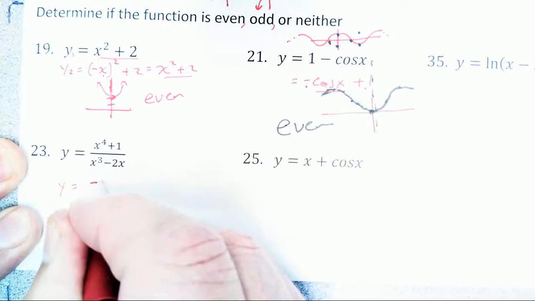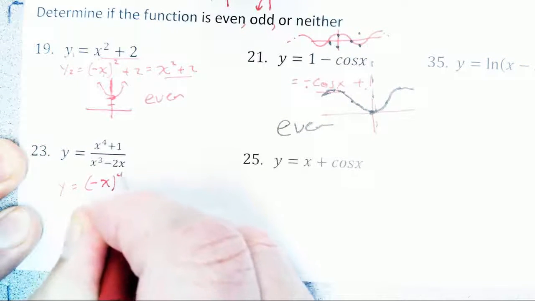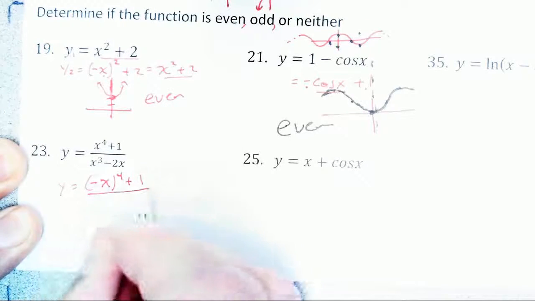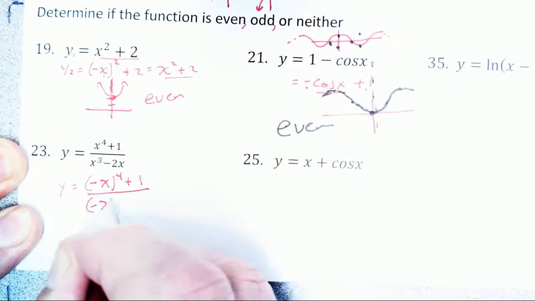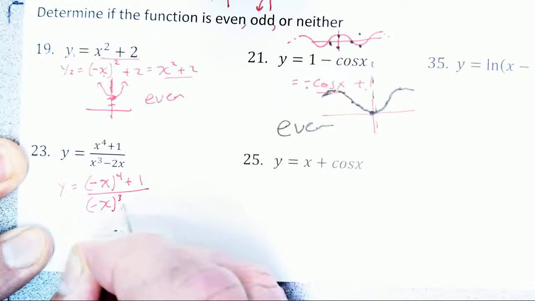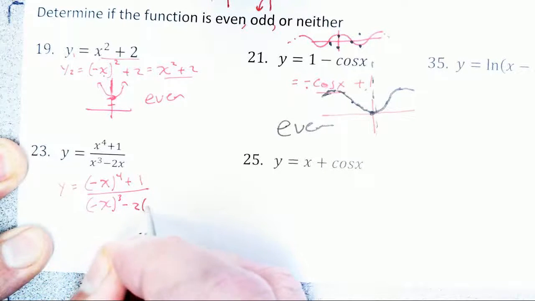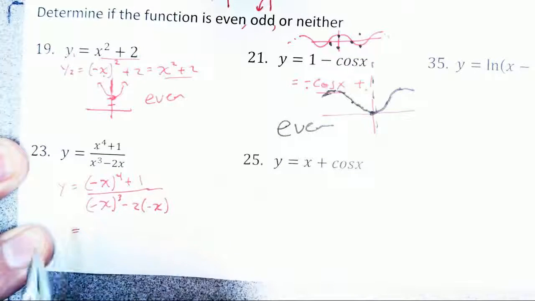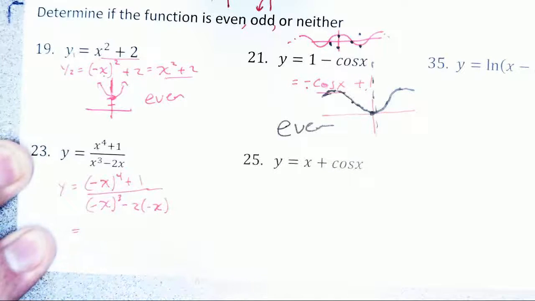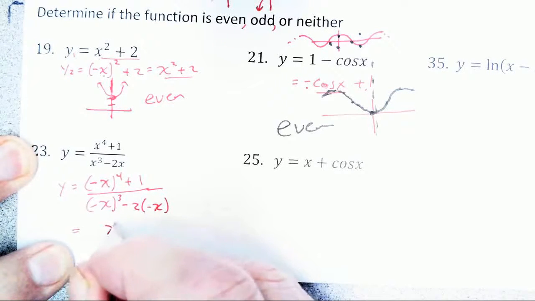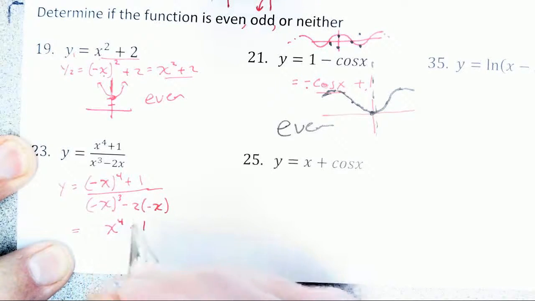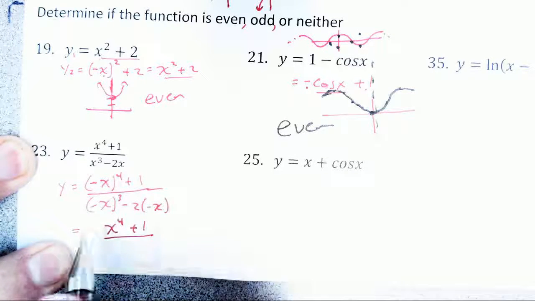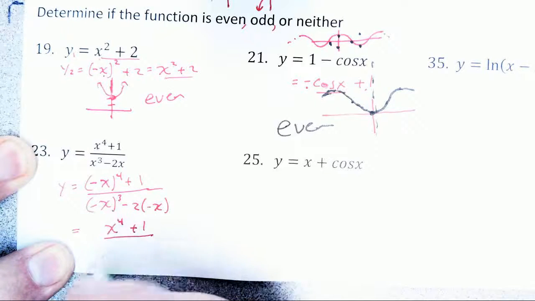I get negative x to the fourth, plus 1, on negative x to the third, minus 2 times negative x. Let's see what that simplifies out to be. Well, negative x to the fourth, the negative gets absorbed, so that's just x to the fourth plus 1, and negative x to the third would become the opposite of x to the third.